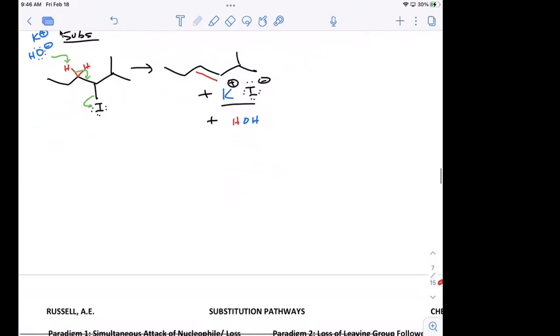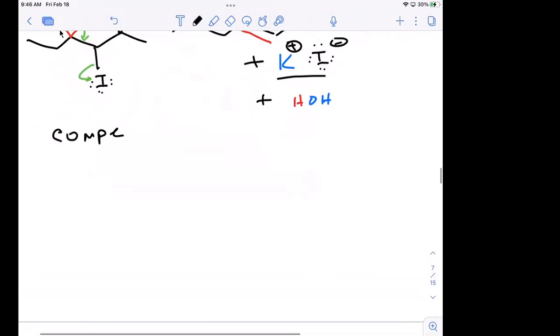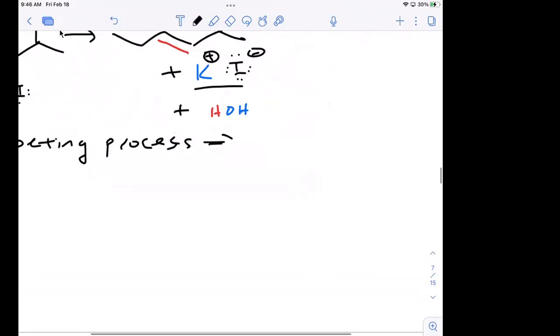Right. So the competing process is when the other alpha site reacts. When you have competitive processes, that means you're going to get a ratio of products.